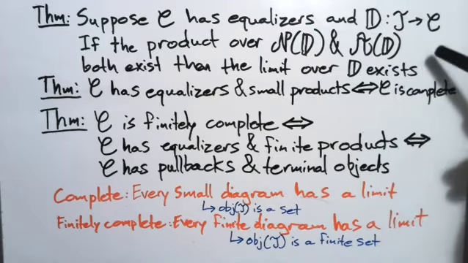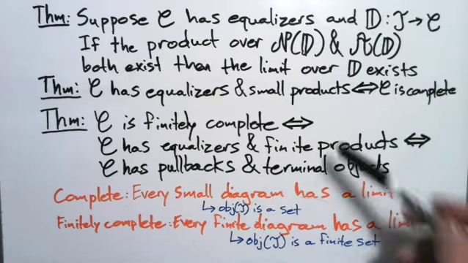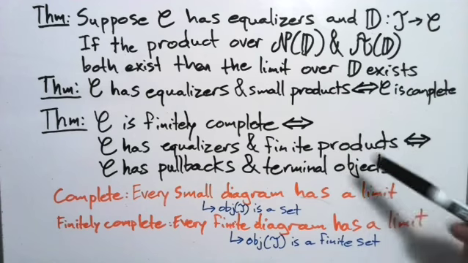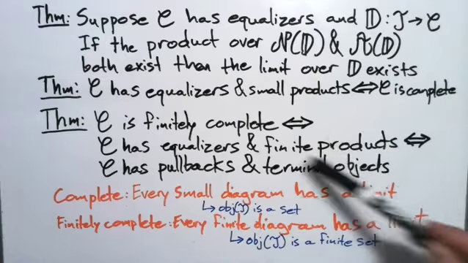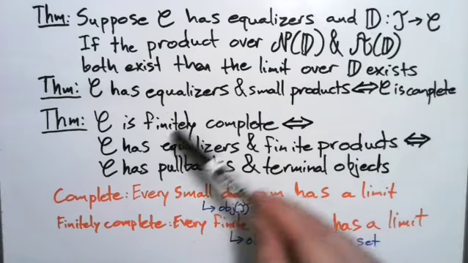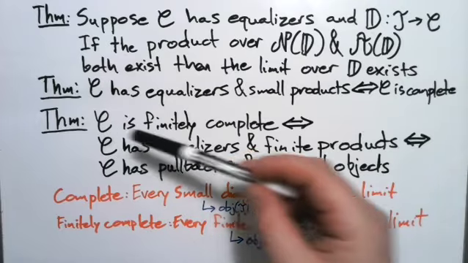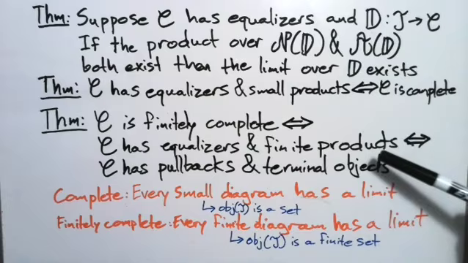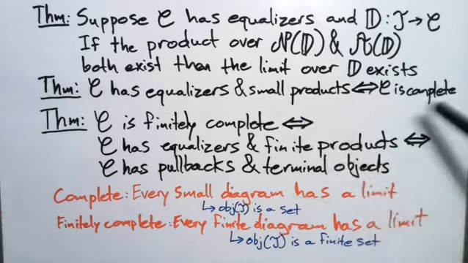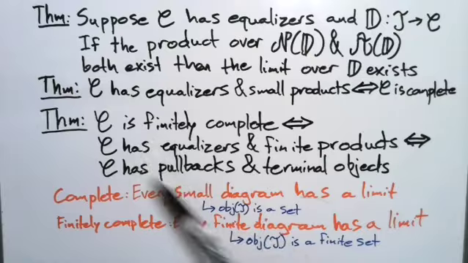And so this theorem here allows us to add sort of a third equivalent condition to these two, which says that C is finitely complete, right? And that's just because this top part here, C is finitely complete if and only if C has equalizers and finite products, is just the finite version of this argument, right? So it allows us to give quite a nice, general, and sophisticated theorem.